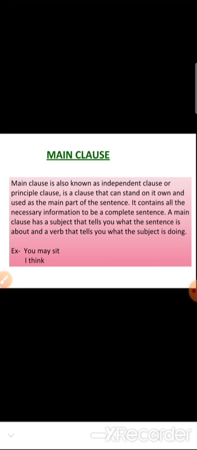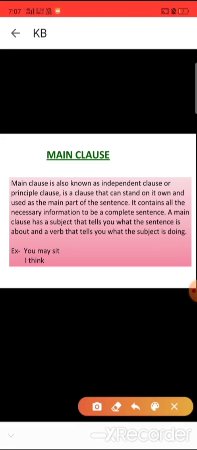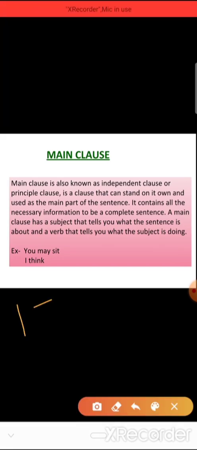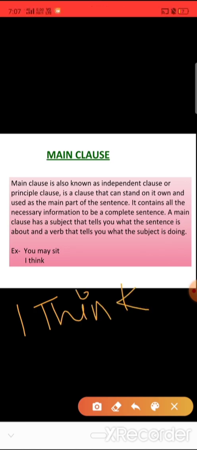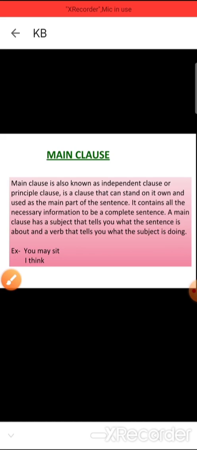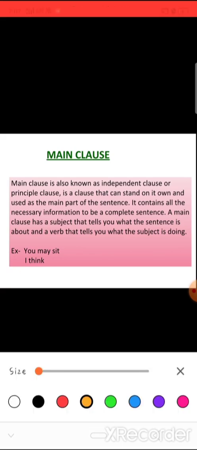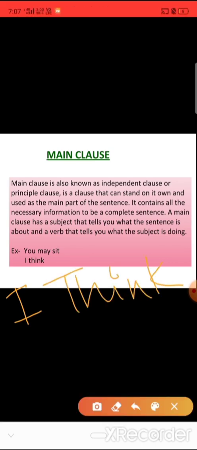Let's take another example for clearer information. The next example is "I think." Now it is complete. Sorry, "I think" is complete. Why?